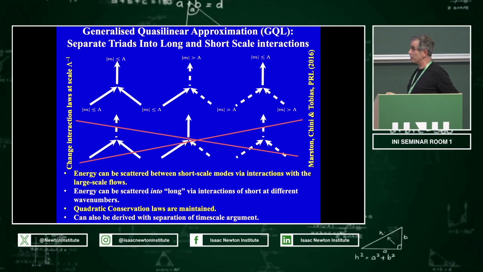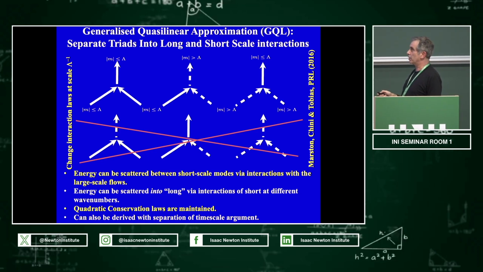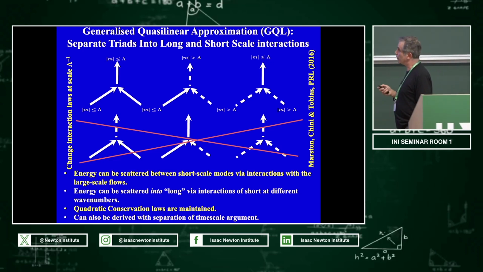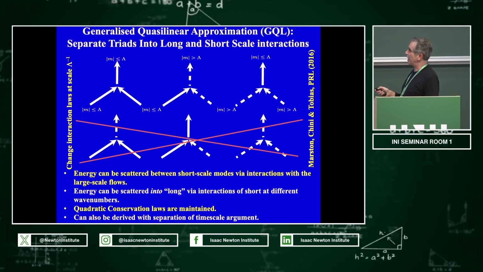So the interactions we're allowed to keep are the low interacting with the low going to a low. That was a trivial interaction that we had before. We're going to keep the low interacting with a high mode to give a high. And we're going to keep the very important high interacting with a high to give us a low. But we're going to get rid of all these other interactions.